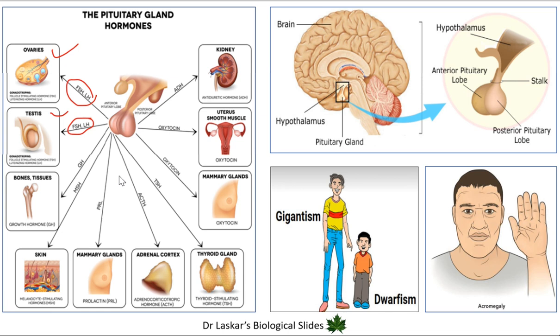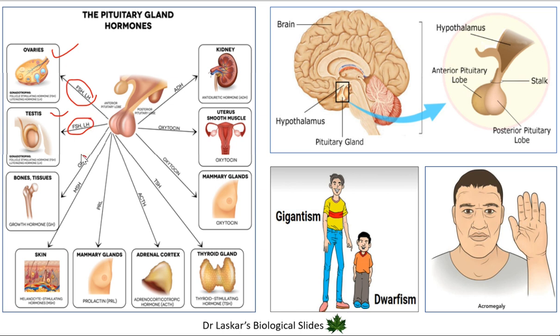In females, LH induces ovulation of fully mature follicles, that means Graafian follicles, and maintains the corpus luteum, which is formed from the remnants of the Graafian follicles after successful ovulation. FSH stimulates growth and development of the ovarian follicle in females. So this is about FSH and LH and their regulation of the ovaries and testes.